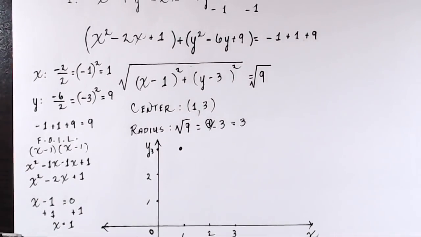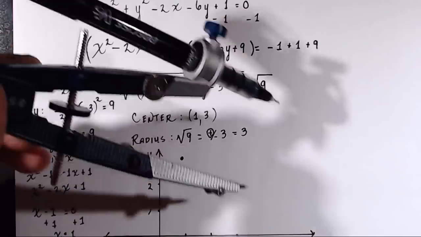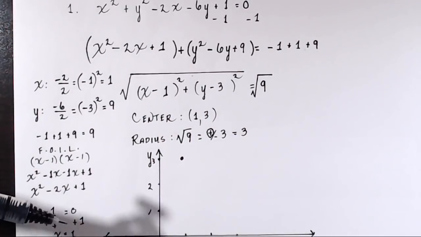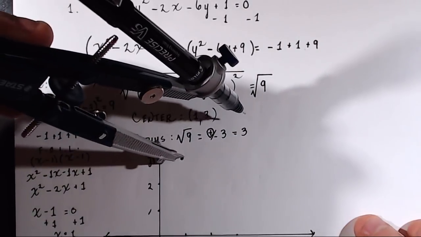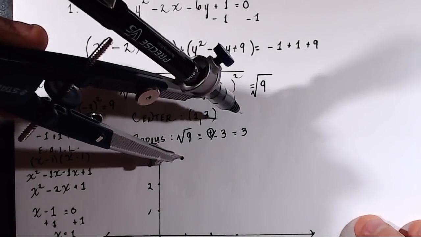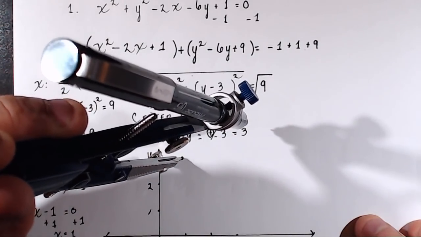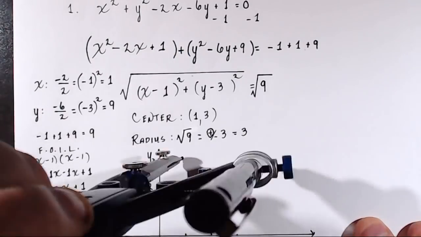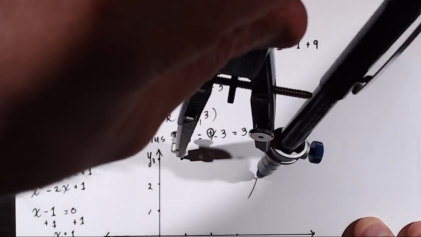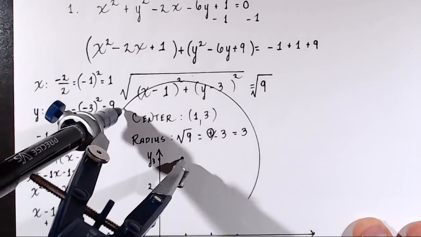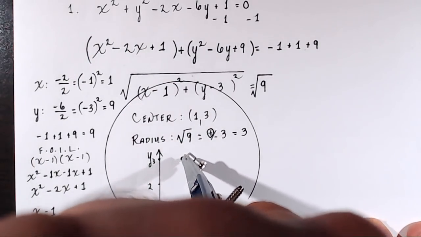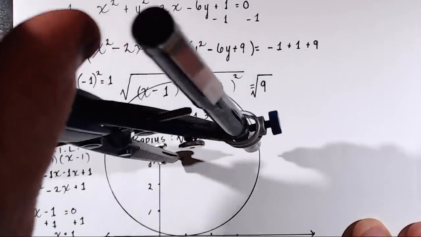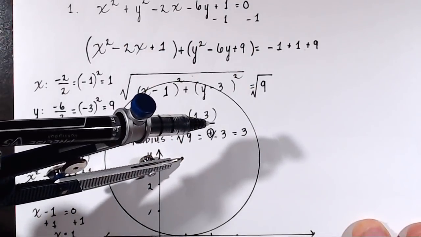And this circle is actually going to cross through some of my work, but that doesn't matter. So the circle will actually look like this. I put my compass point right at the center of the circle at 1, 3, and then I make a circle with a radius of 3 that articulates all the way around the center point.